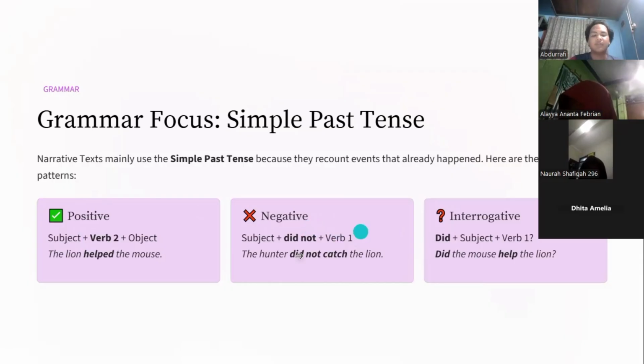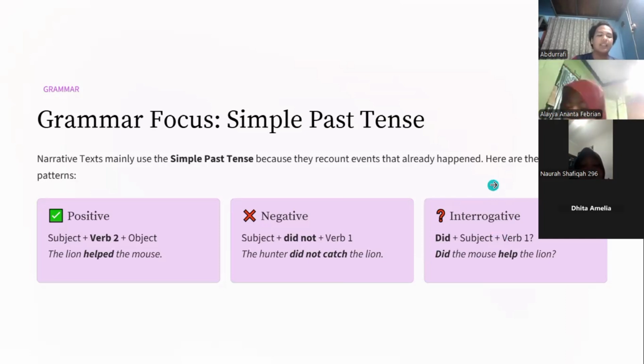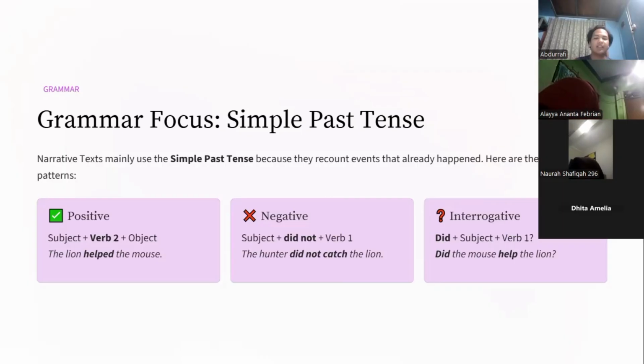For example, the hunter did not catch the lion. And for question or interrogative, the formula is first use did plus subject plus verb 1. For example, did the mouse help the lion? Notice that after did, we always use verb 1, not verb 2.